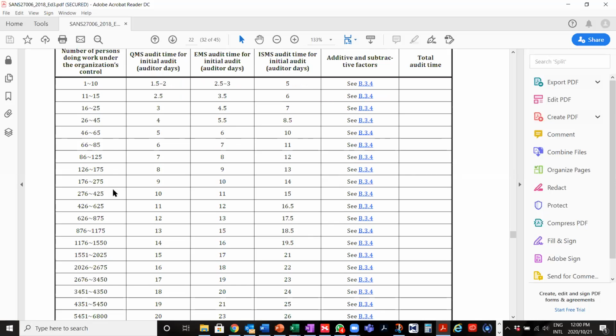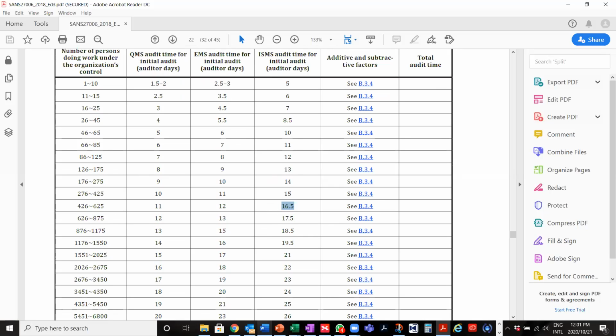So if you are saying that I want to certify my whole organization, fantastic, and my whole organization is 500 people, then we are looking at that space there. And now I'm saying that I want to do it in information security or business continuity. Business continuity is actually the same as the ISMS. So you can very easily say that the audit days is 16.5 days.